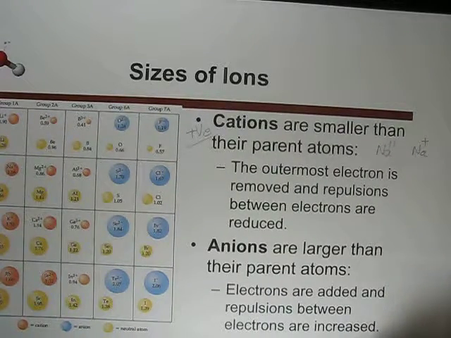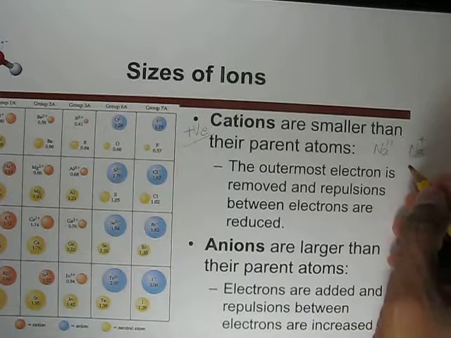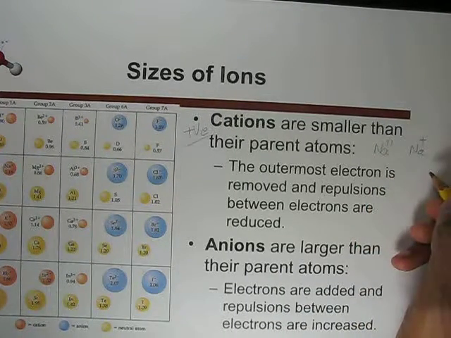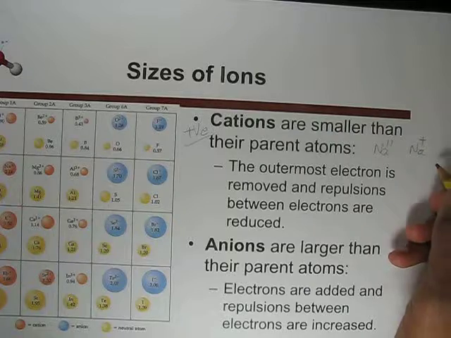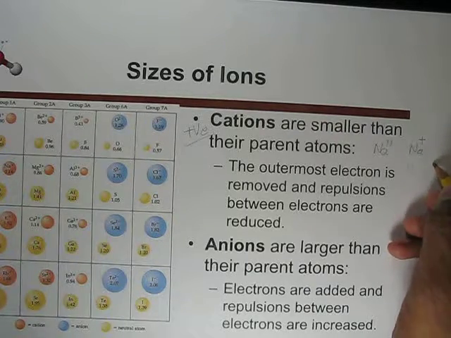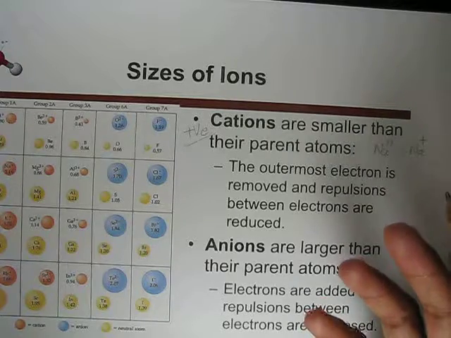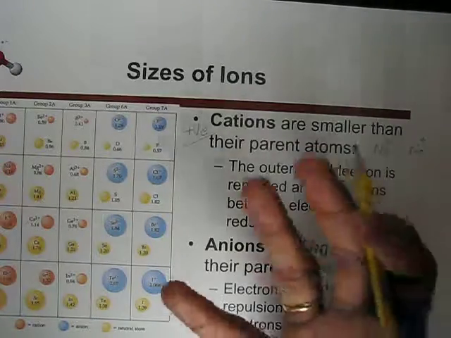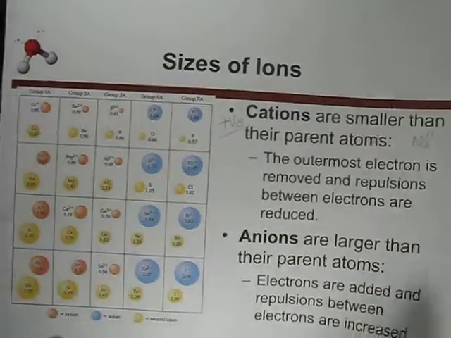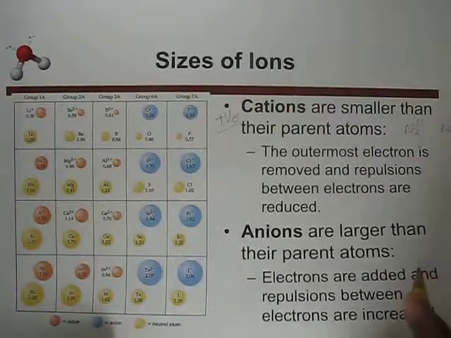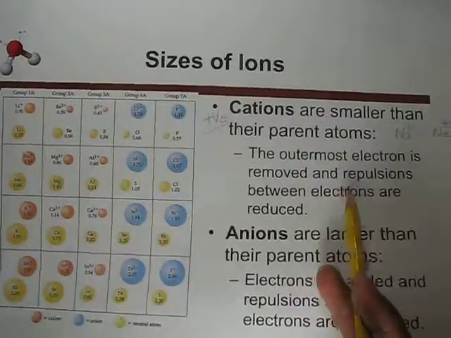So now the number of protons is 11, but the number of electrons is only 10. So it increases the effective nuclear charge, and they shrink. That is why cations are smaller than the parent atoms.